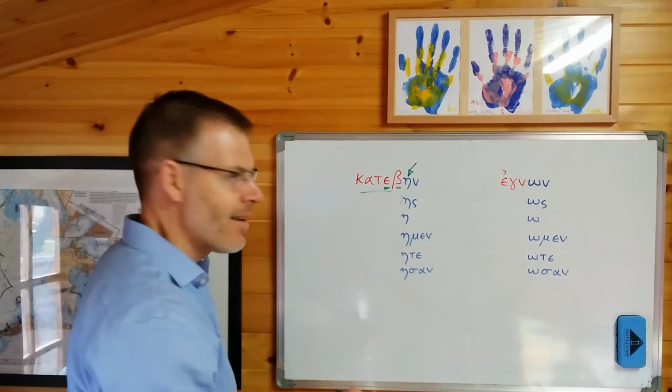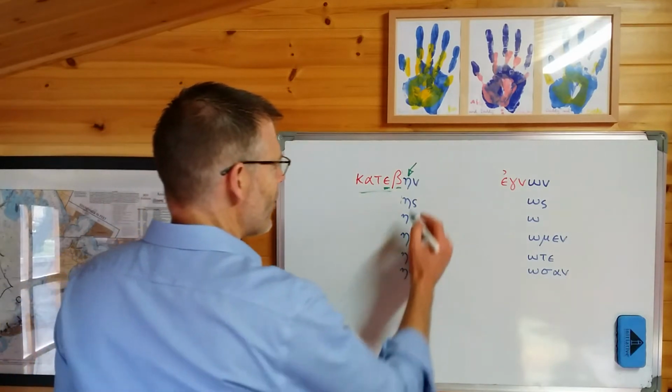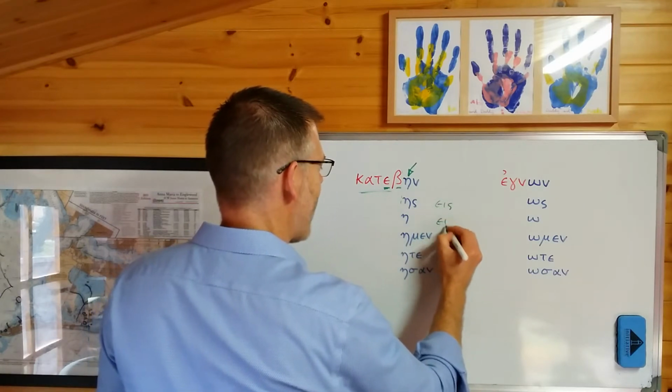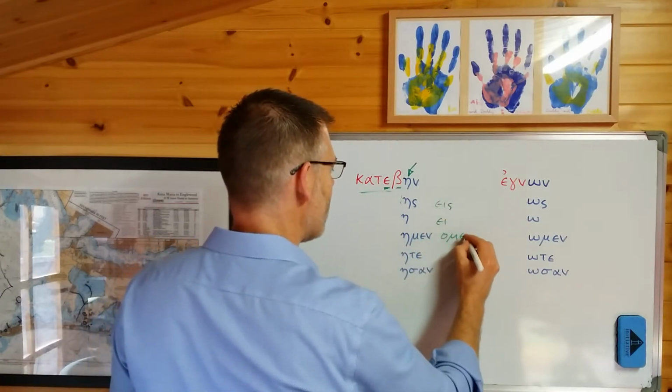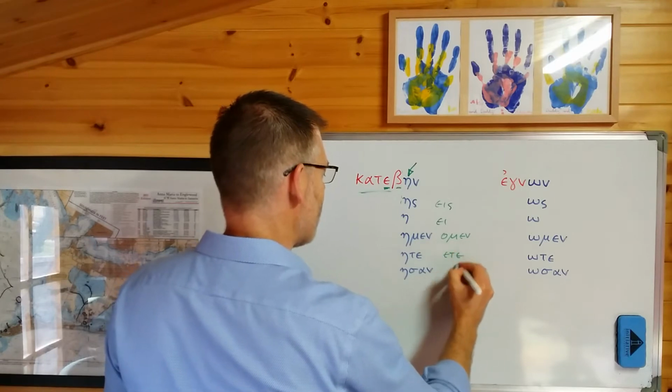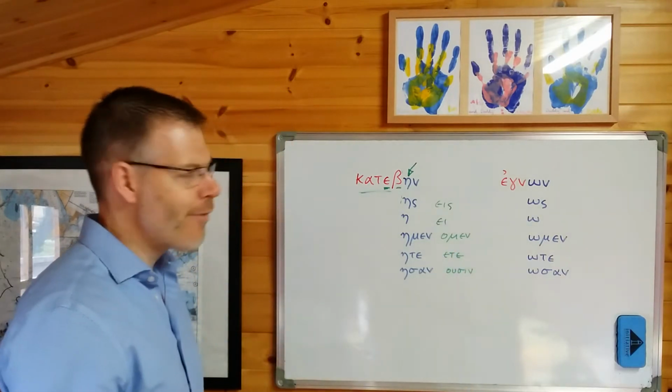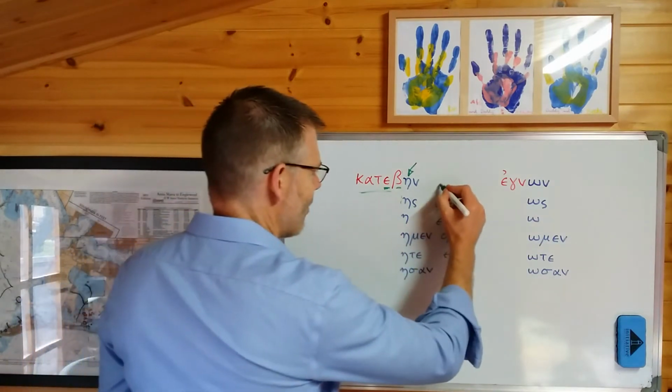Just look with me. Imagine the verb luo. You've got luo, lueis, luei, luomen, luete, luousin.